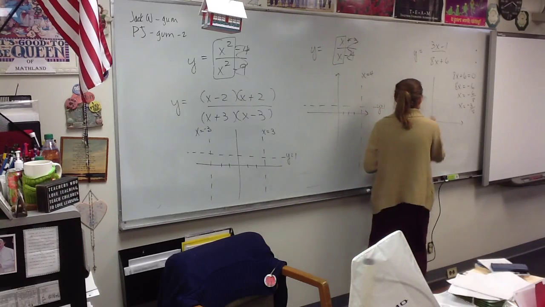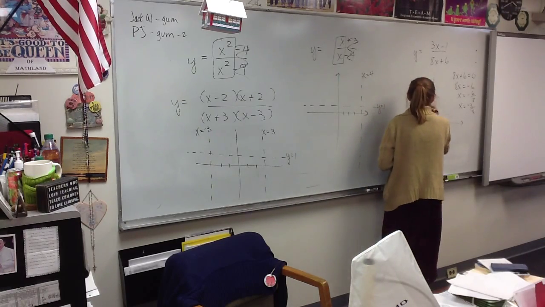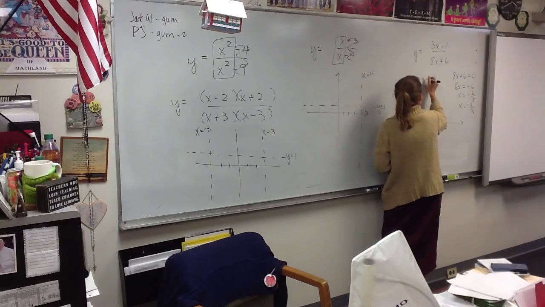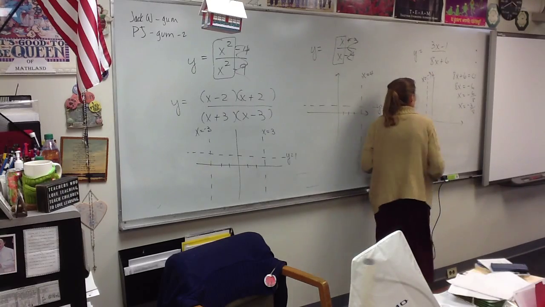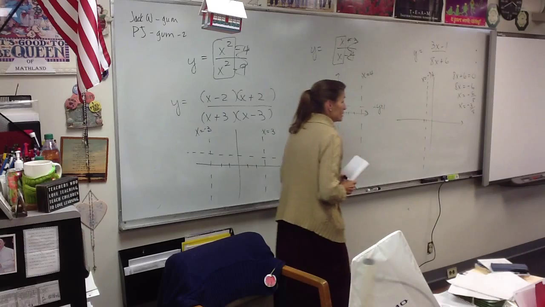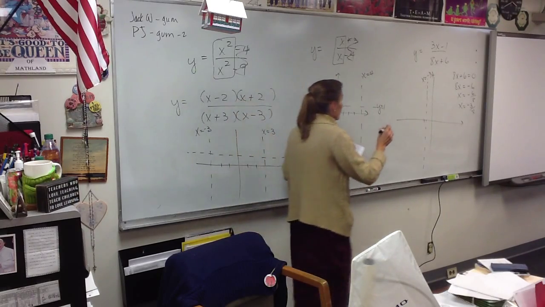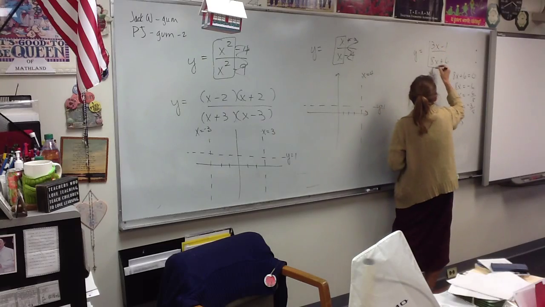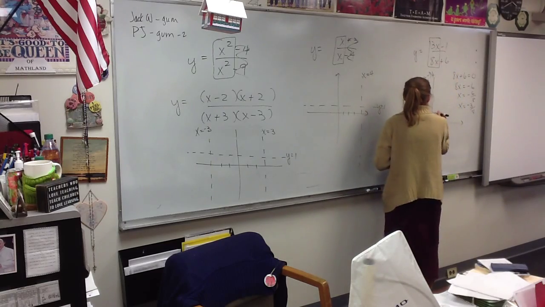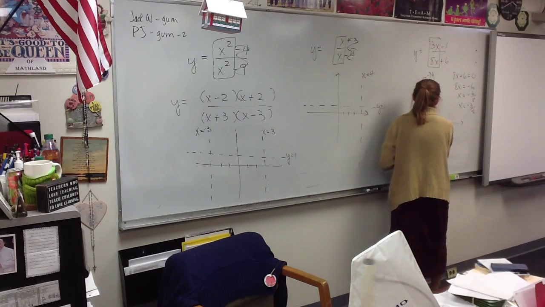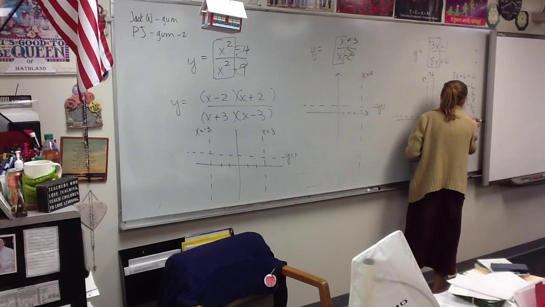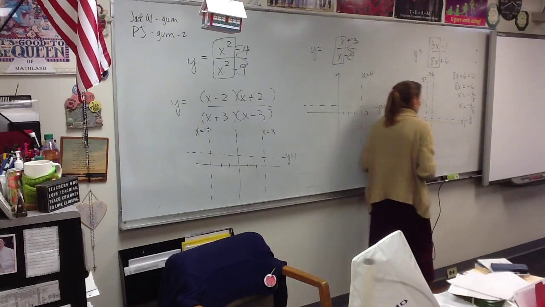So I'm going to have a vertical asymptote at x equals negative 3/4. Yes, they can be fractions. What about my horizontal asymptote? y equals 3/8. Fractions all over the place.